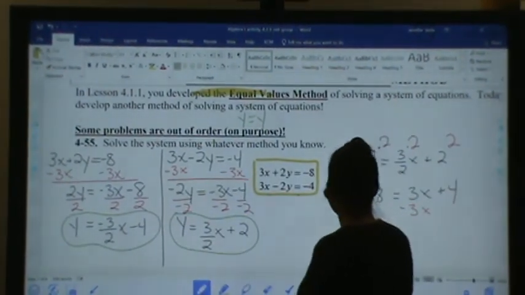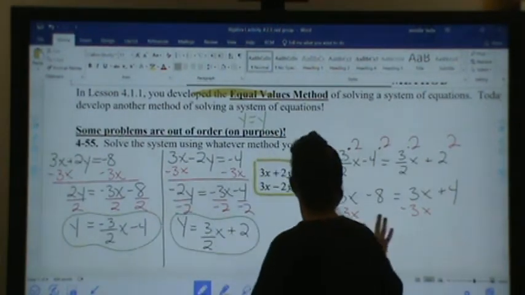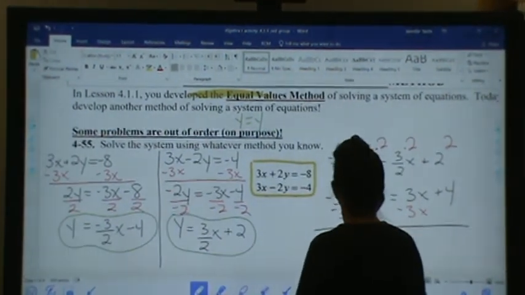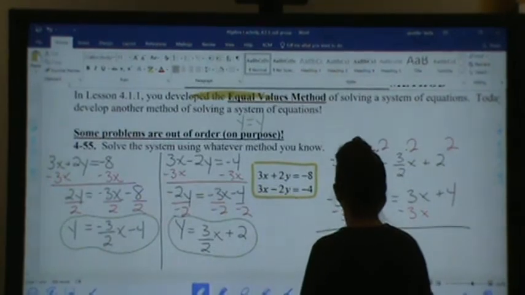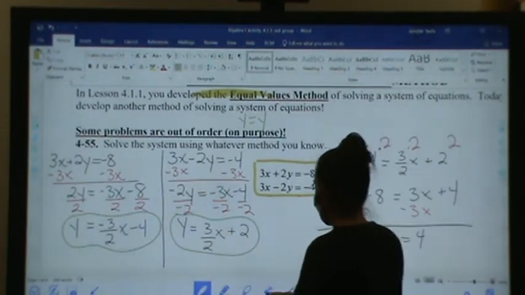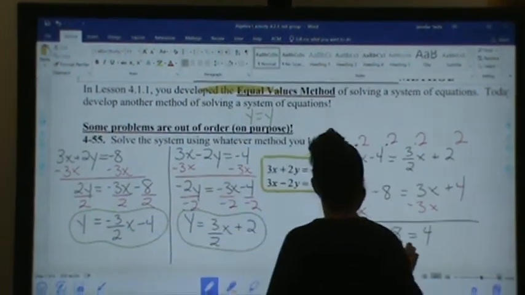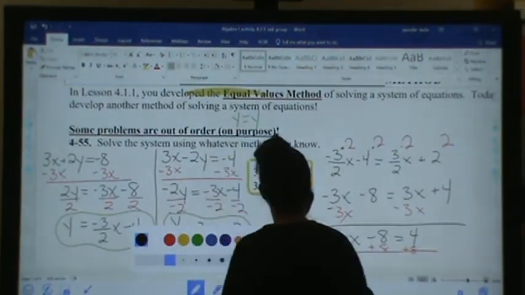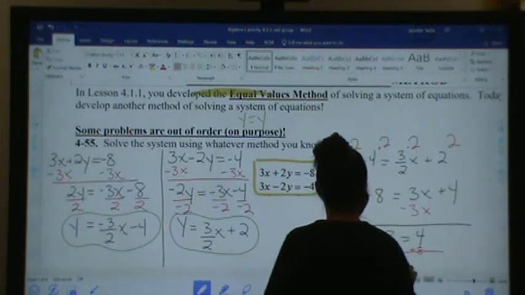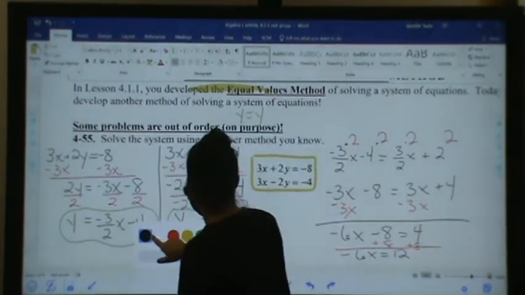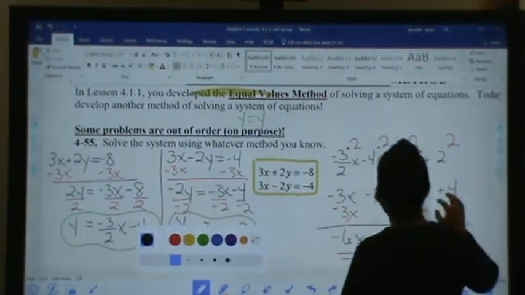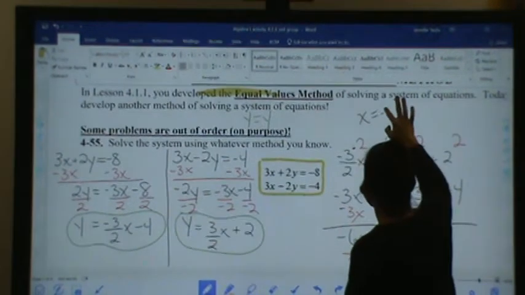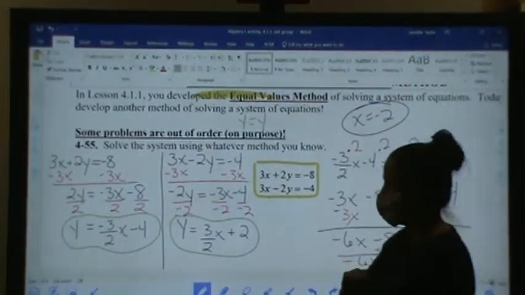I'm going to move all my x's to the left-hand side. And you should be getting negative 6x equals 12, which means we know that x equals negative 2.